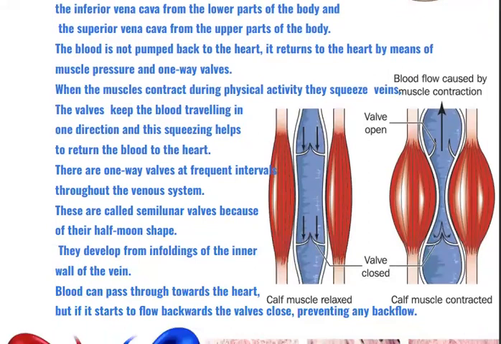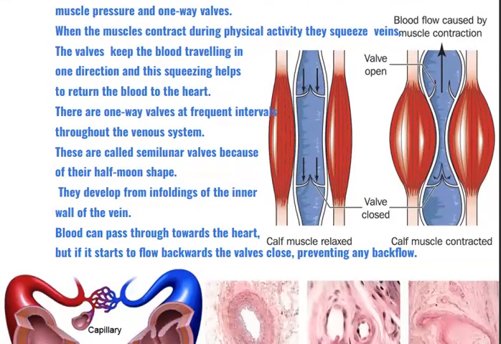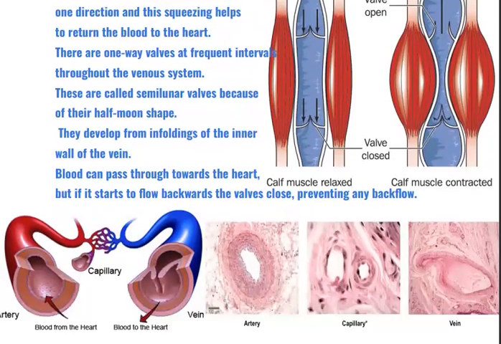When the muscles contract during physical activity, they squeeze veins. The valves keep the blood traveling in one direction, and this squeezing helps to return the blood to the heart. There are one-way valves at frequent intervals throughout the venous system.